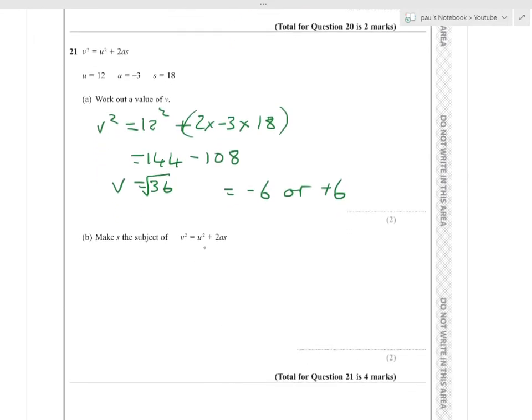Make S the subject. Right, so let's do V squared, take away that, minus U squared equals 2AS, and divide by 2A. So we've got V squared minus U squared divided by 2A equals S.